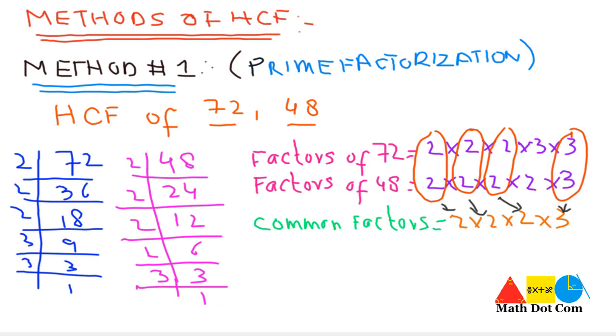But for the sake of HCF, we must have the highest common factor. So the HCF of 72 and 48 will be the product of these common factors. Now one question that may come into your mind is why we have not considered only the 3 as the highest common factor, as 3 is the highest one.